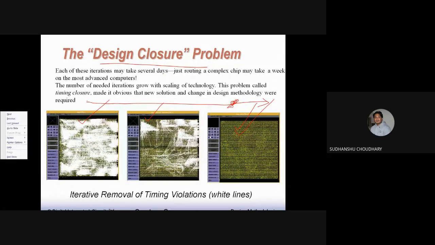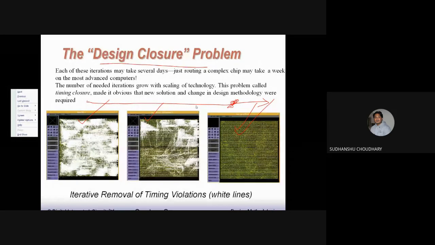It's a very time-consuming process, and because of this, the company may lose time to market. That is, some other company can produce the same chip within a shorter time, and the company may lose business because of this problem. That is called the design closure problem.